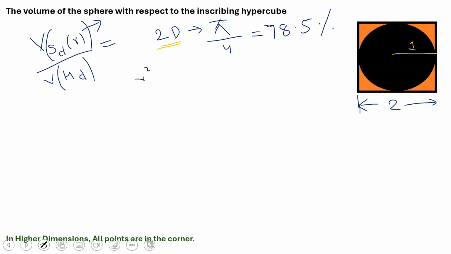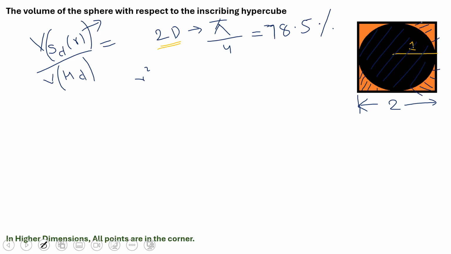So the volume taken by the sphere is about 78 percent of the volume that the cube has. What that says is only about 22 percent of the area is occupied by these corners.